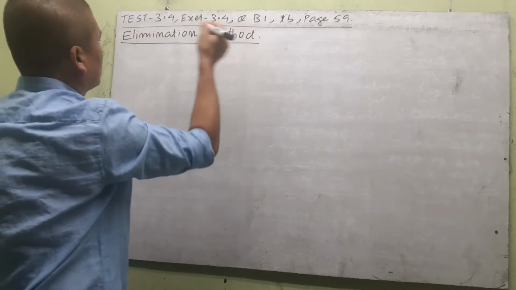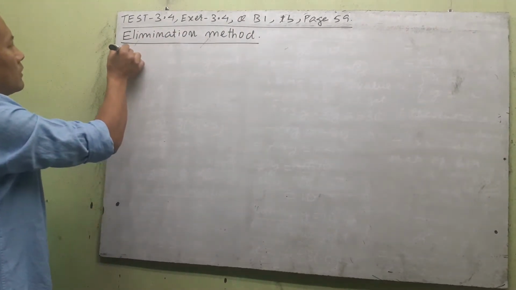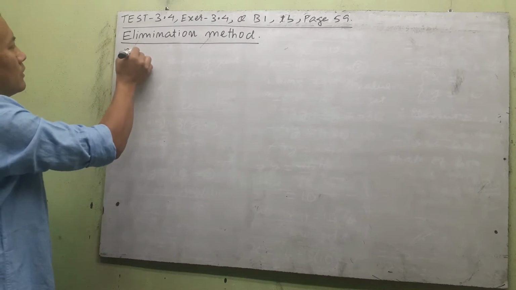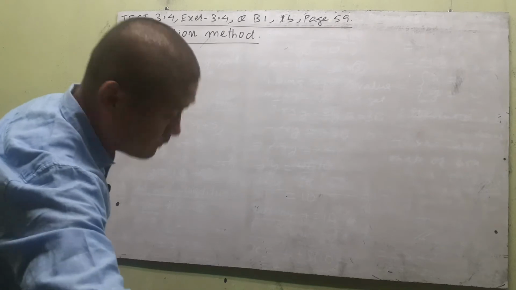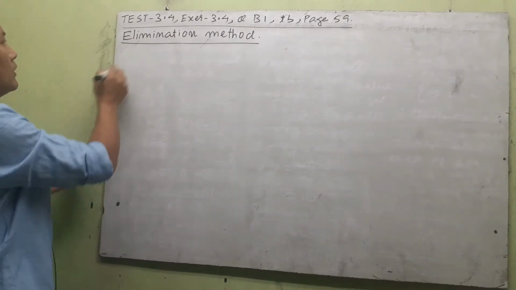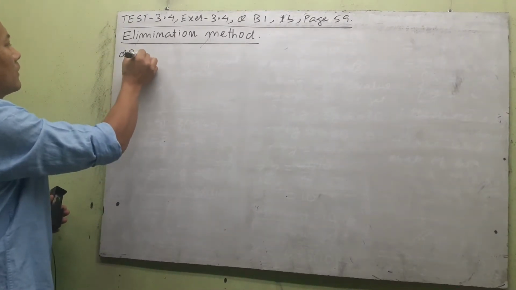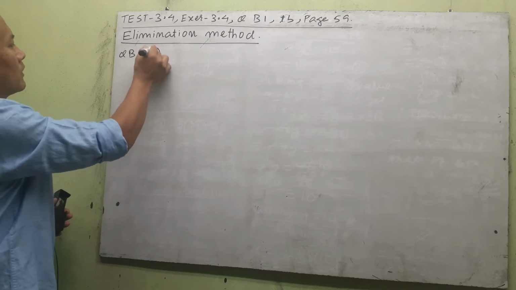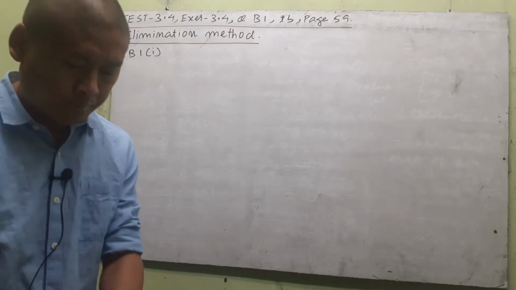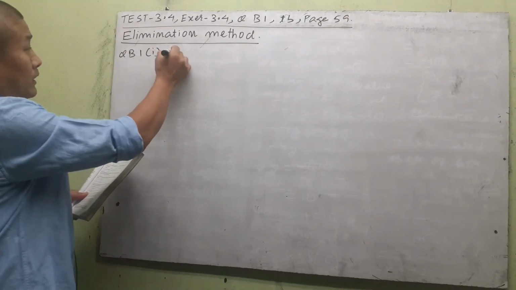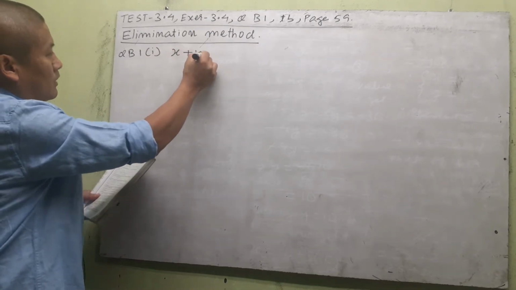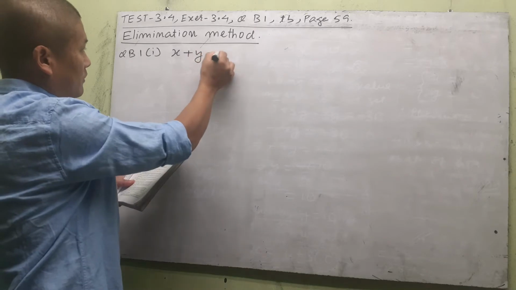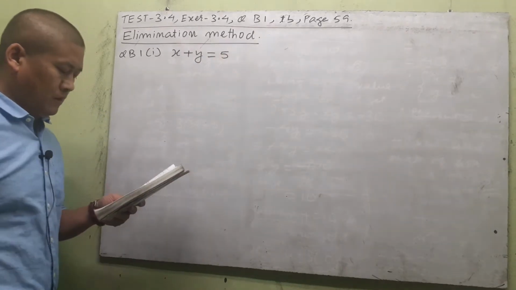So this one, question number B1, subheading 1. Solving by elimination method means this way, you see here, x plus y equal to 5.